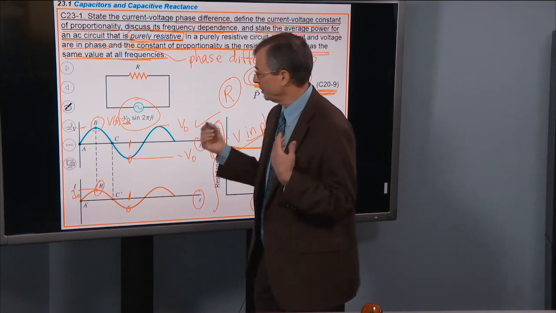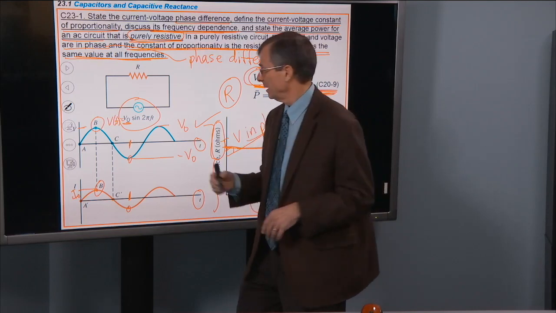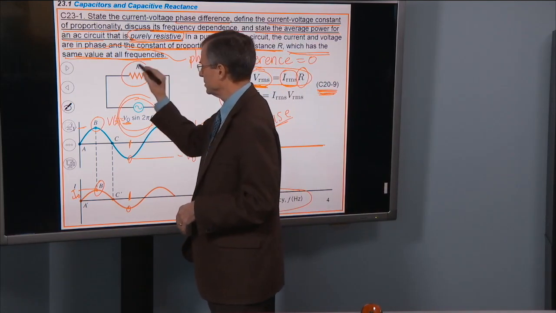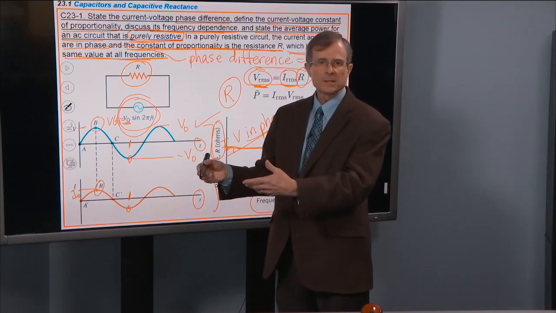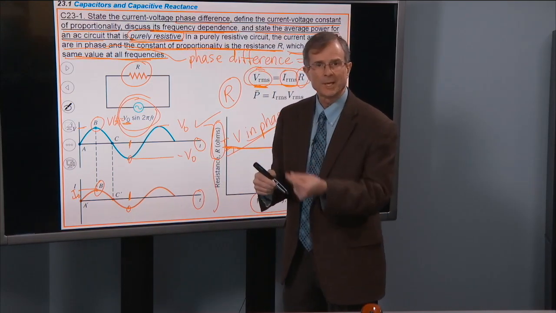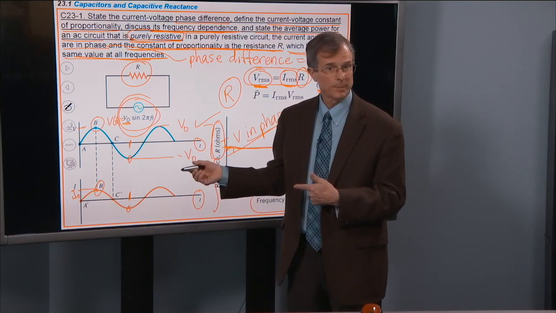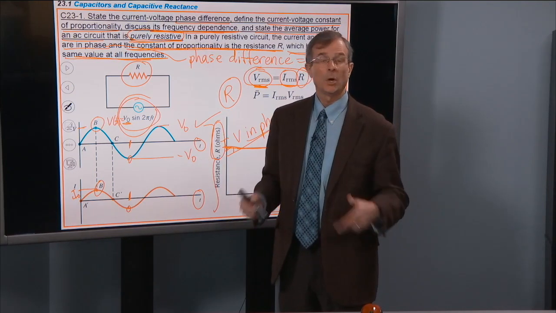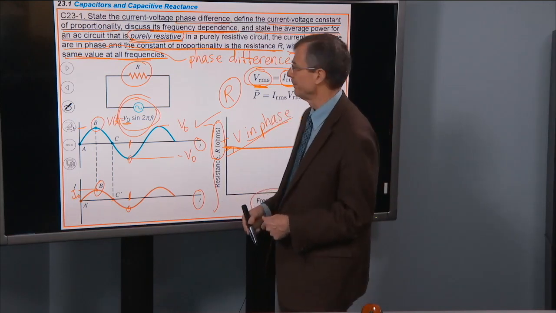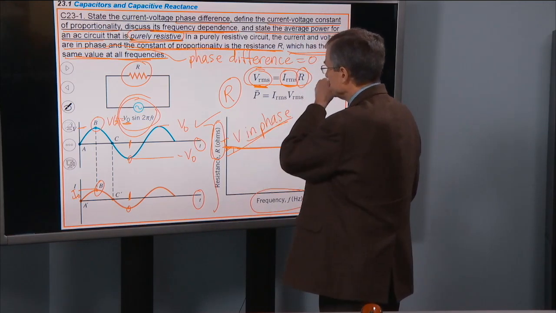Right now we're doing a purely resistive circuit. What does that mean? It means we have a source and a resistor, and that's it. We'll then extend these concepts to a purely capacitive, only a capacitor, and a purely inductive, meaning only an inductor. But now for purely resistive.